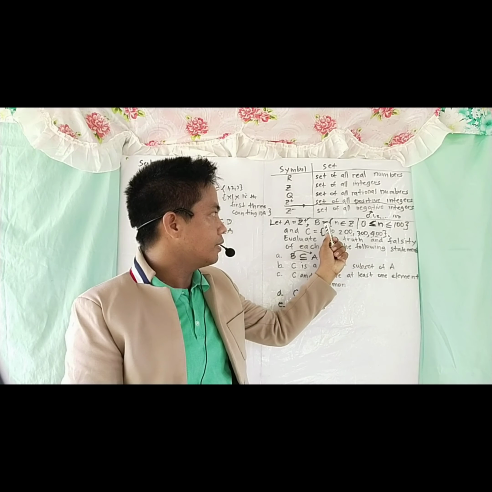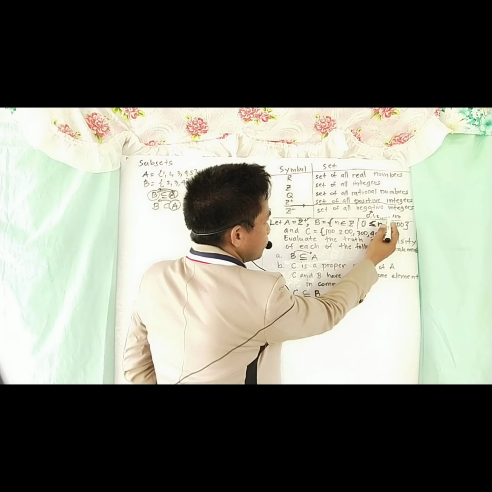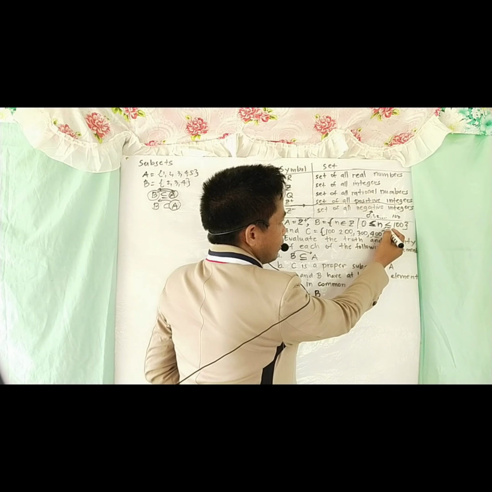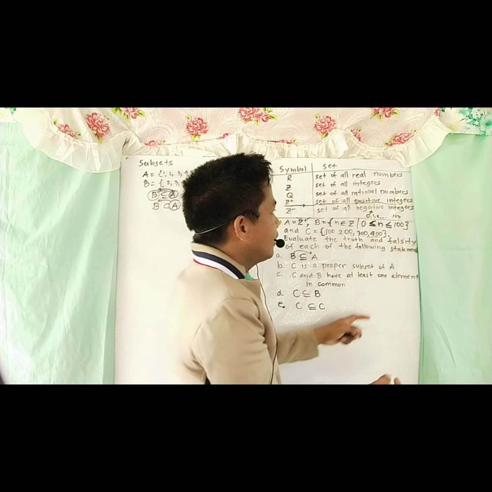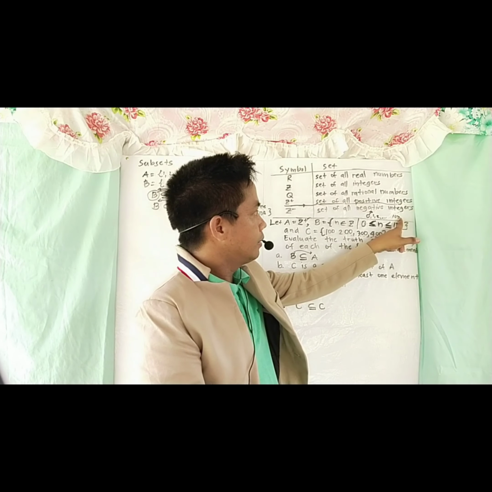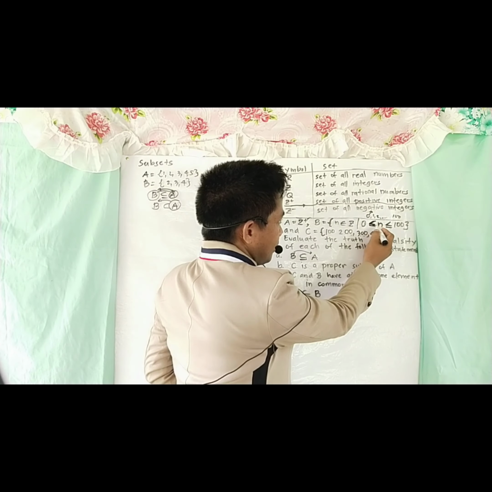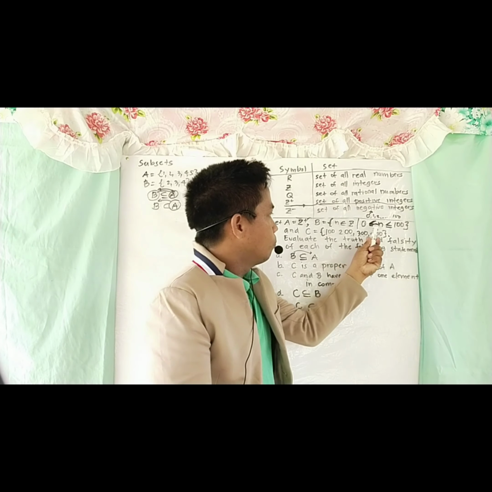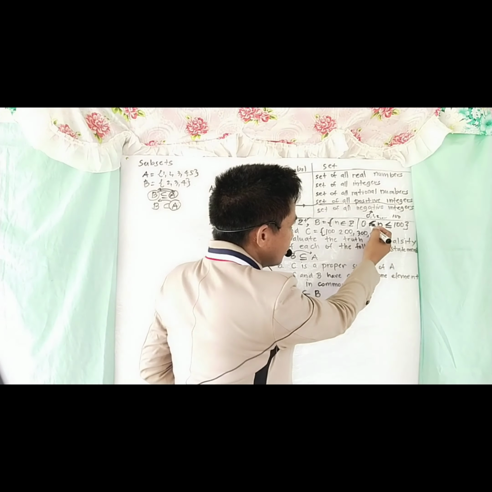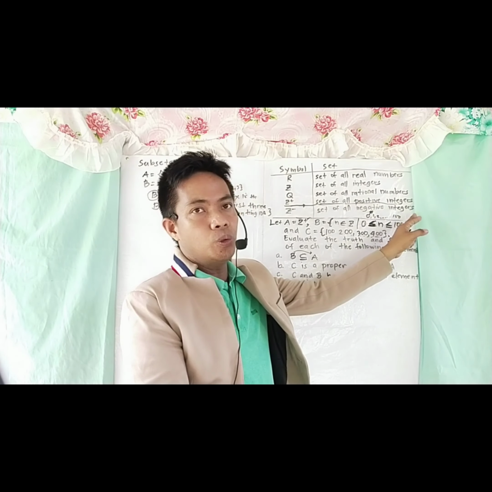So in set B, the possible elements will be from 0 up to 100. Because of the equal sign, 100 is included, and 0 is also part of the set.